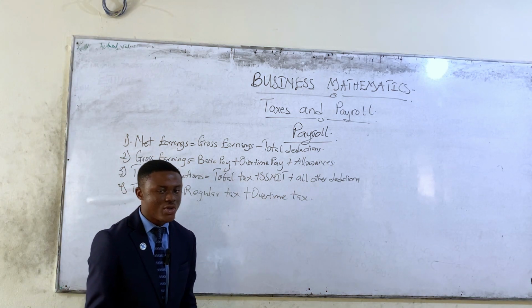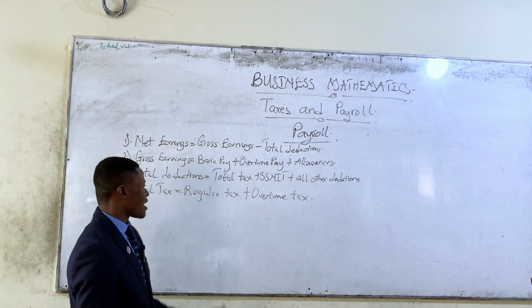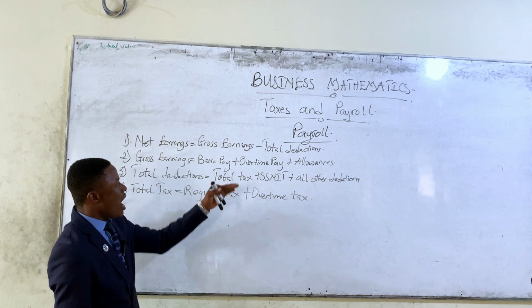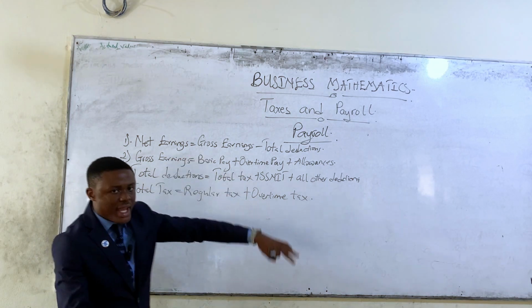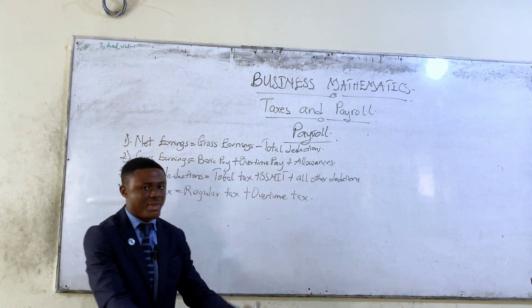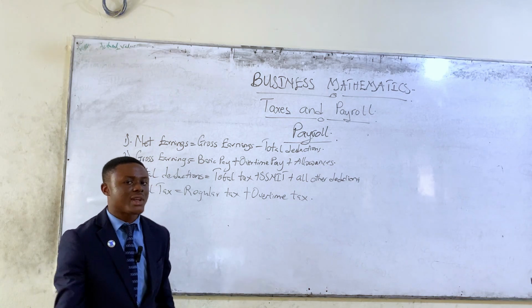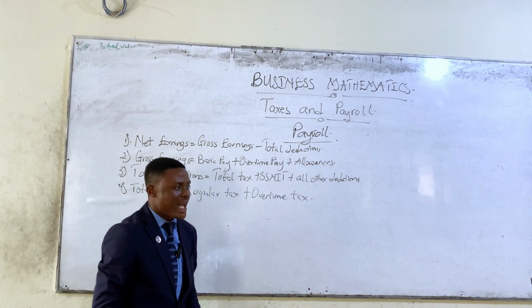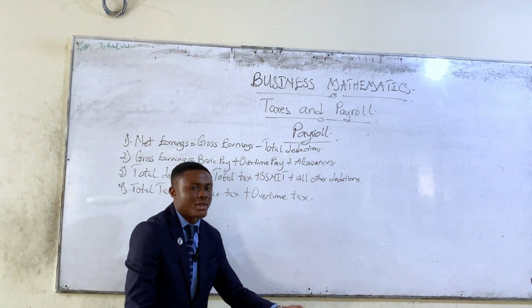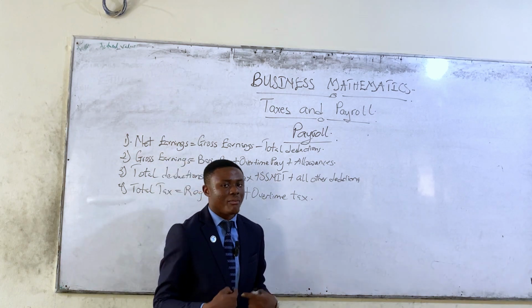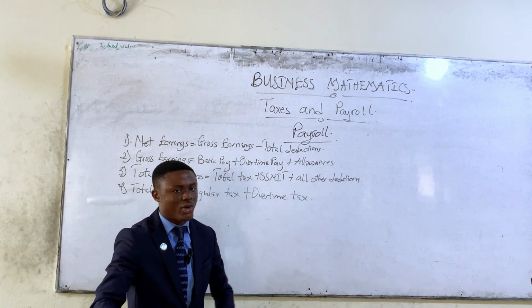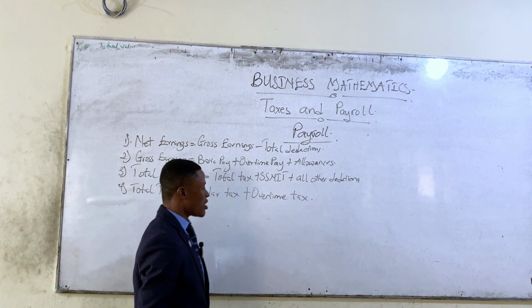Are you good? Great. So this regular tax is on the basic pay, the amount of money that you earn as basic pay; we have the tax that we calculate on that. And then if you work overtime, you don't only earn, but you are also deducted tax. Are we good? Great.